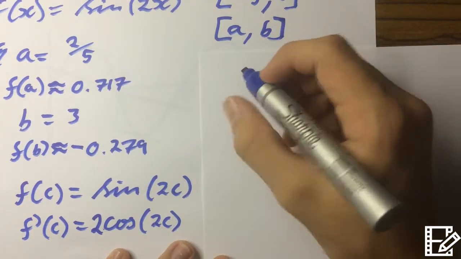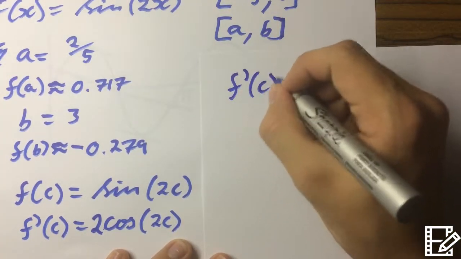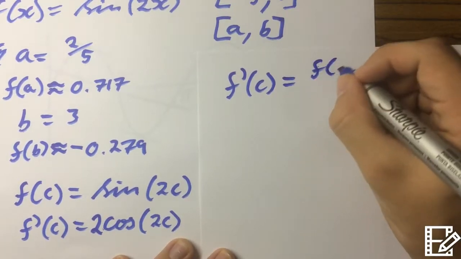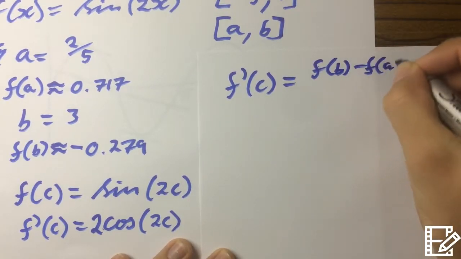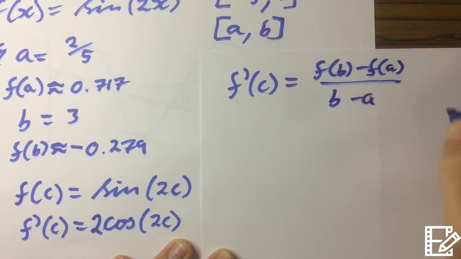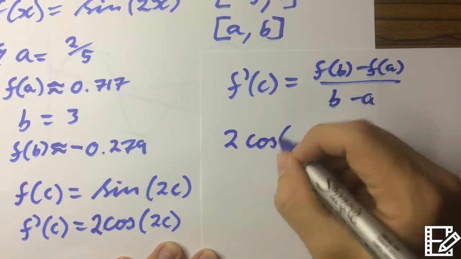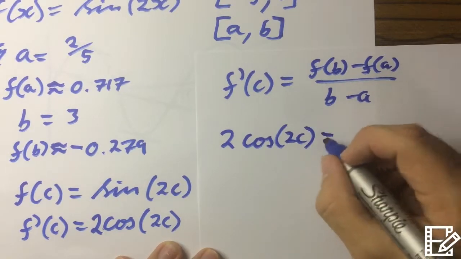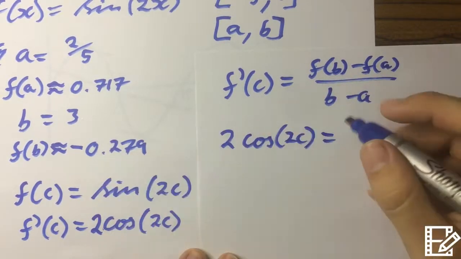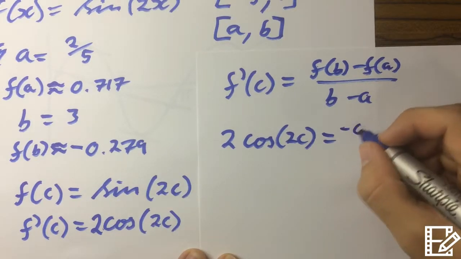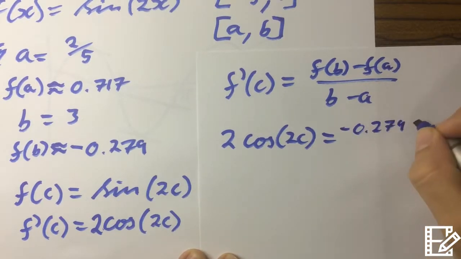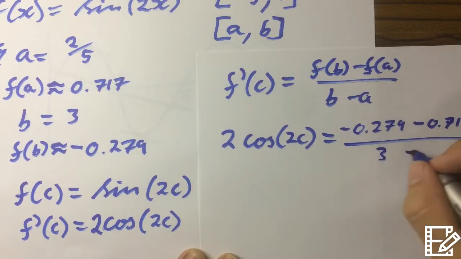So, the formula: the derivative of f at c equals f(b) minus f(a) over b minus a. So we sub this in and we get 2 cos 2c equals f(b), which is roughly negative 0.279, minus f(a), which is 0.717 roughly, over b, which is 3, minus a, which is 2.5.